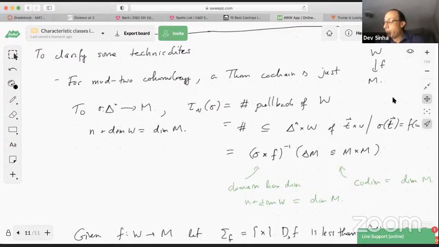Then Sard's theorem says that the image of sigma f is measure 0.